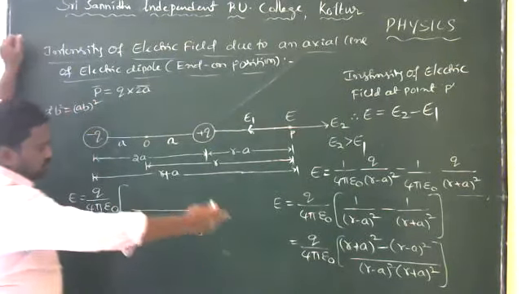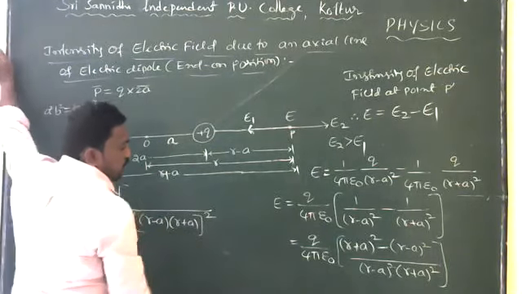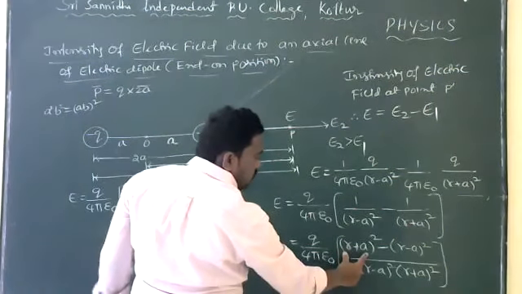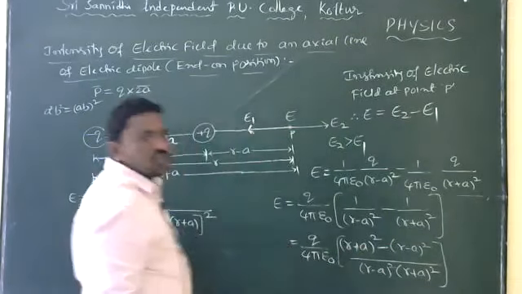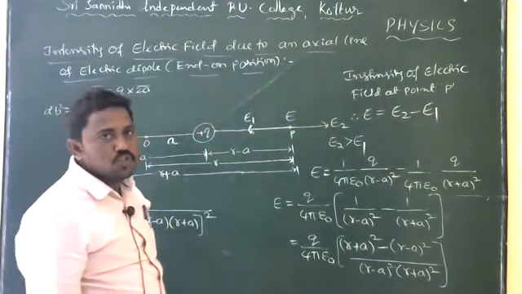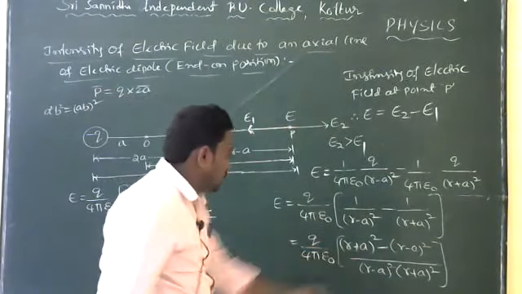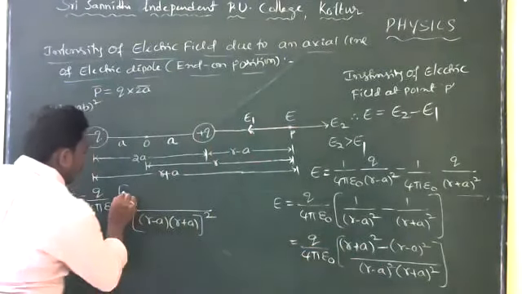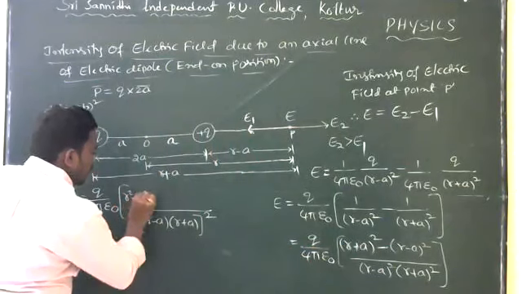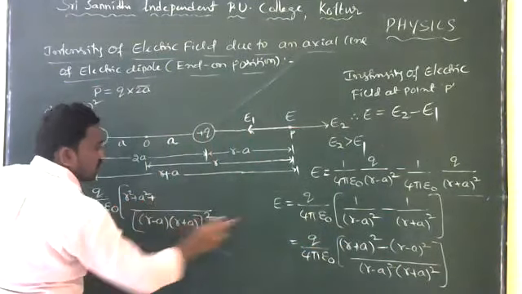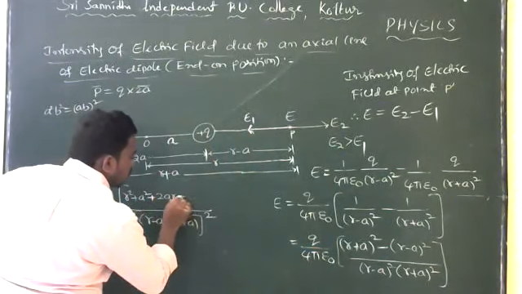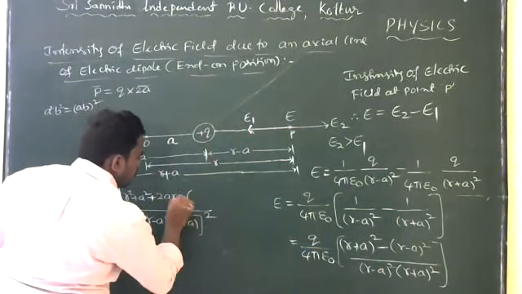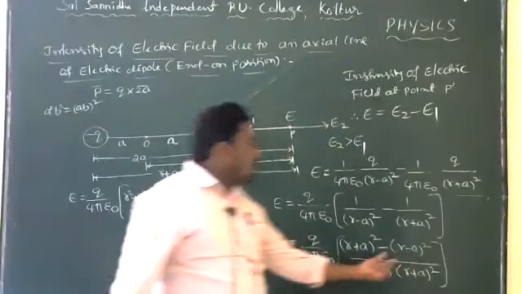Next, simplify this equation. R plus A whole square is similar to A plus B whole square. We know that A plus B whole square is equal to A square plus B square plus 2AB. So by using that formula, R square plus A square plus 2AR, minus R minus A whole square.